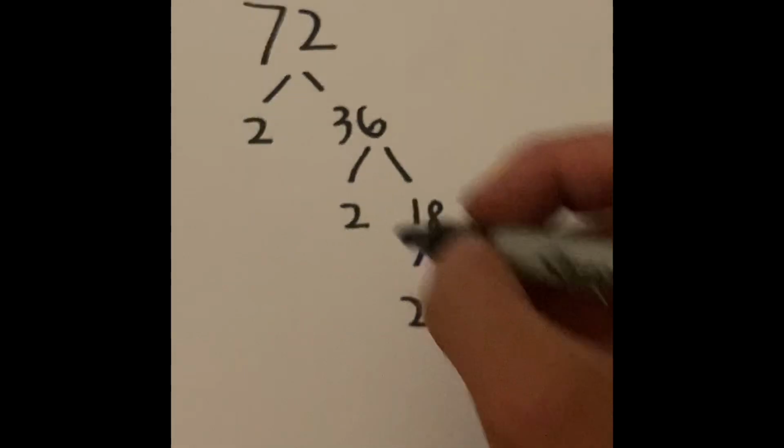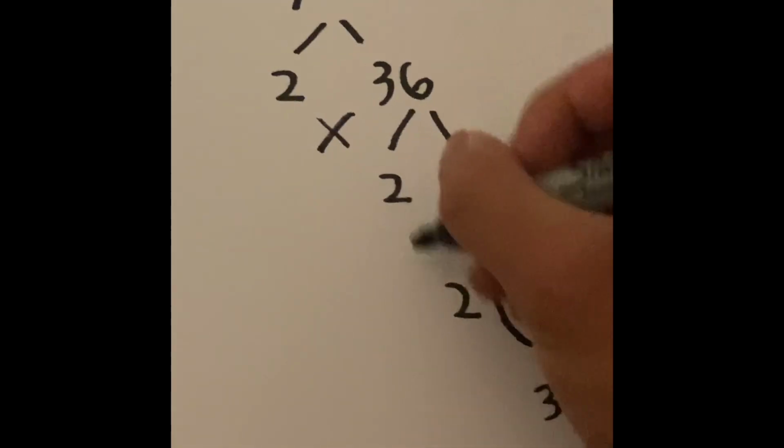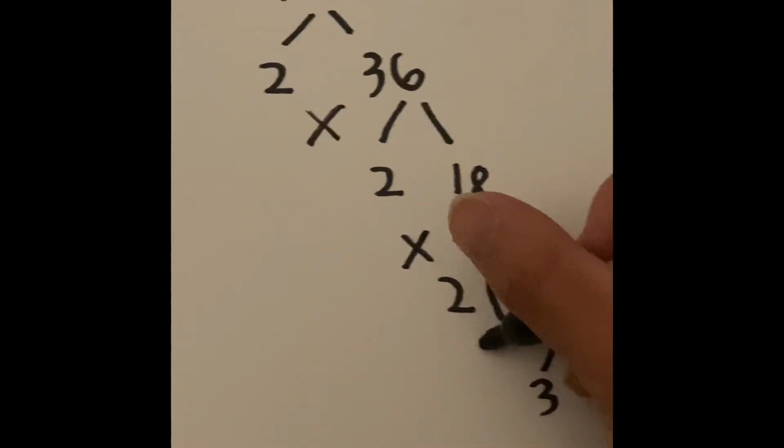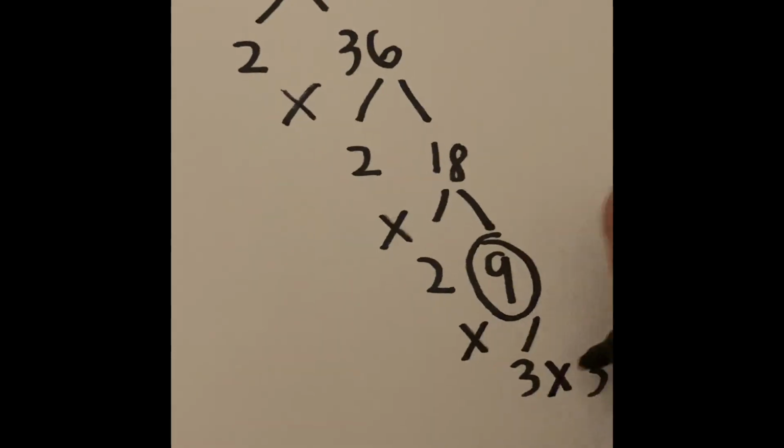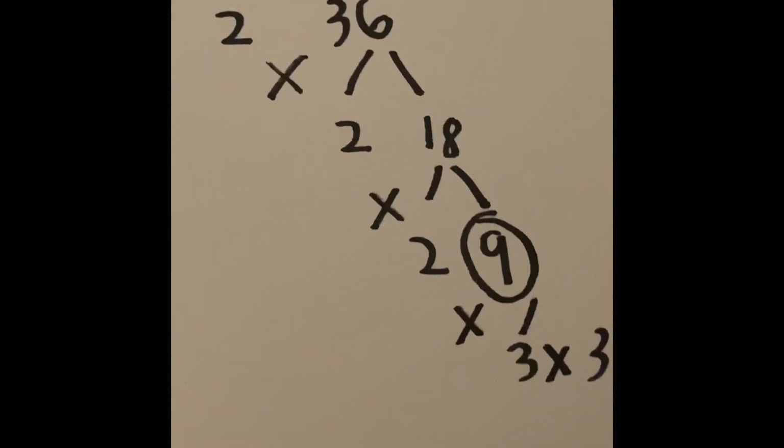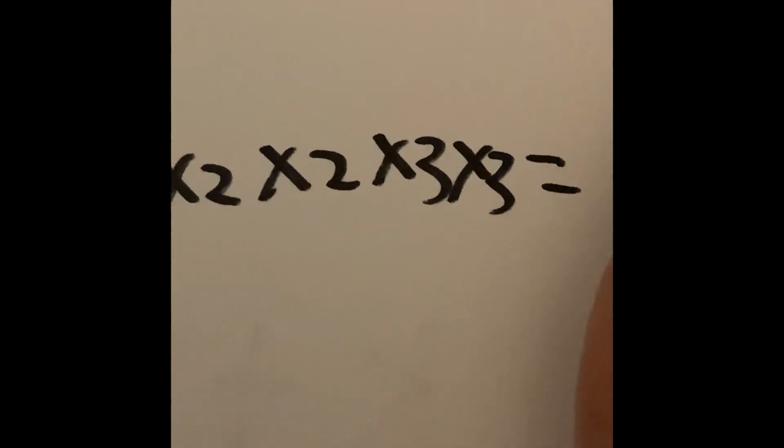So here's how it works. 2 times 2 times 2 times 3 times 3 is going to equal 72.